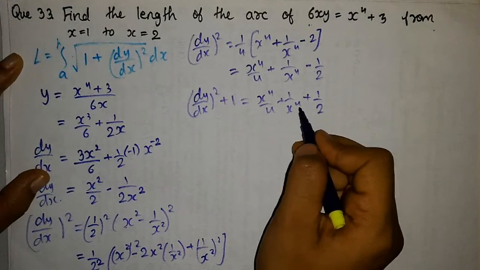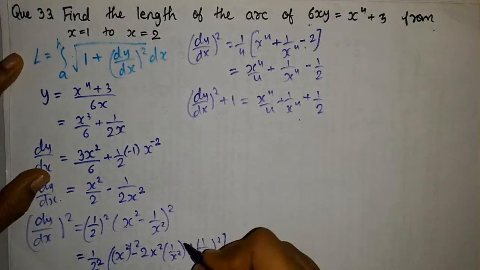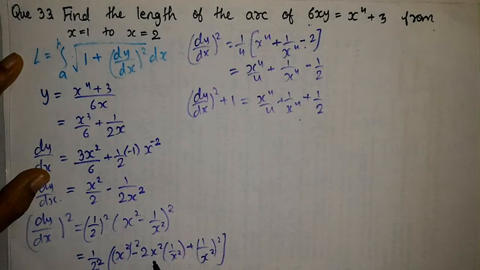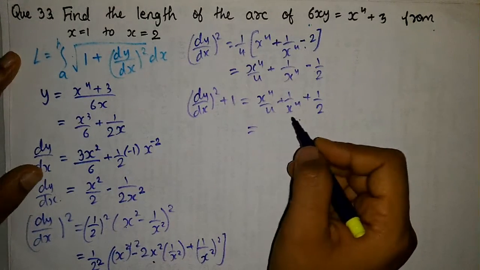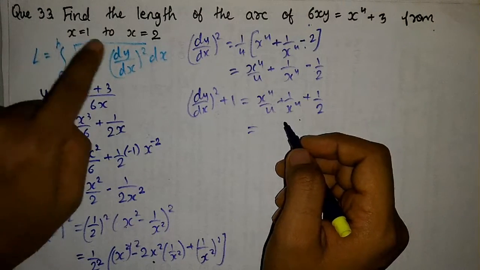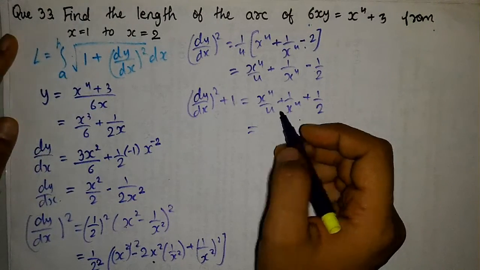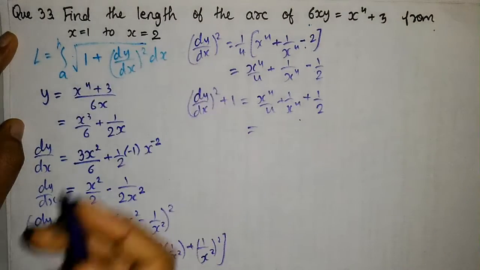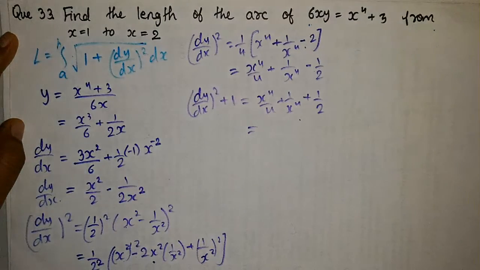Now we have to convert this into the form of a square, because here there is an integration and its root, and for doing the integration we have to remove the root.